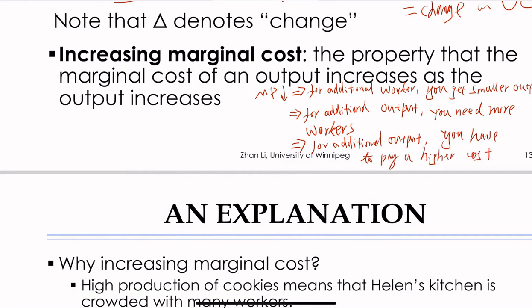If you have to hire more workers, then you have to pay higher wages. So in this case, it means marginal cost is increasing, right? So essentially, increasing marginal cost is implied by decreasing marginal product.